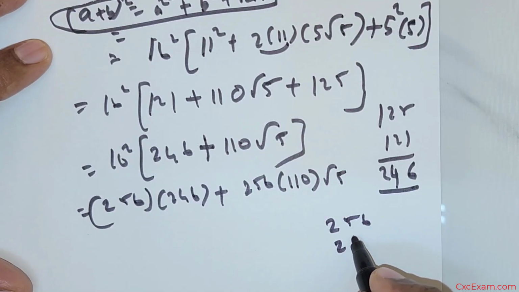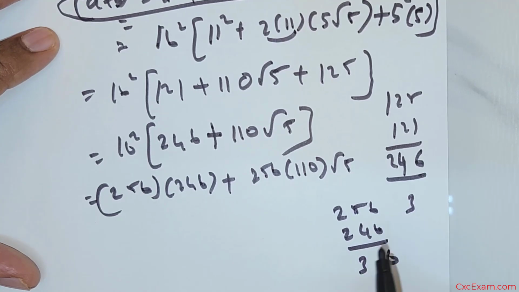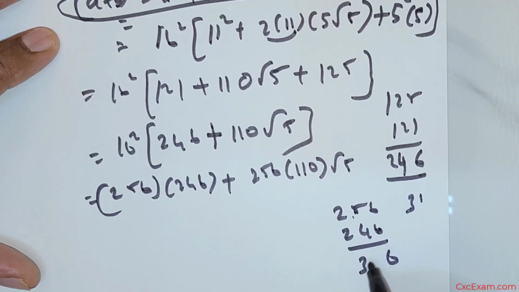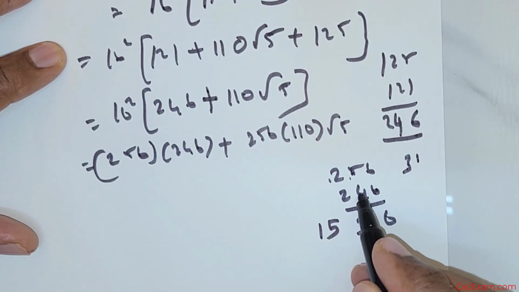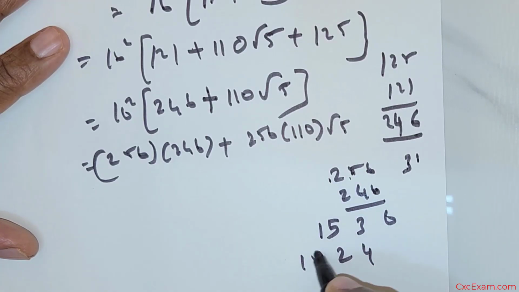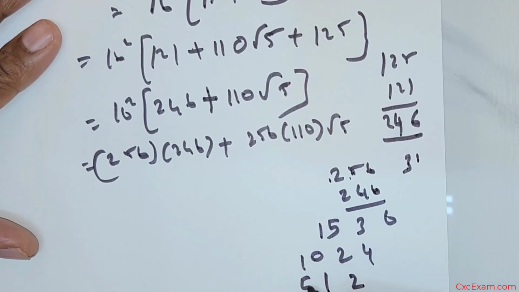256 multiplied with 246. 6 sixes are 36, you have 6 there and carry 3. 6 fives are 30, you add 3 there, you get 33, and you take a 3 here. 6 twos are 12 and 3 is 15. So 6 fours are 24 and so on.